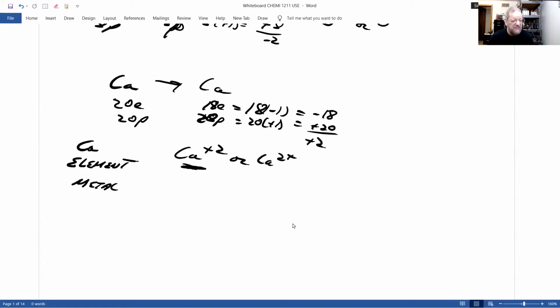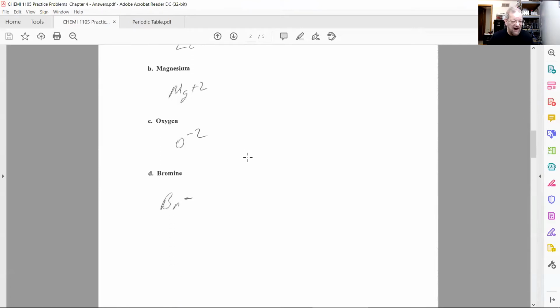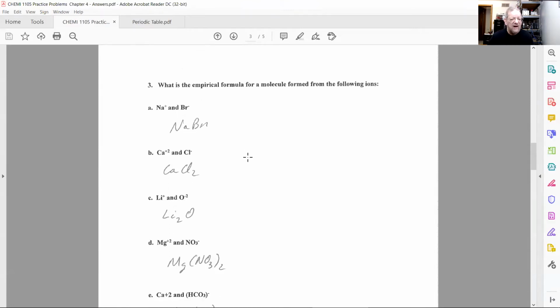All right. Let's move on. Now, the question is, what's the empirical formula for a molecule with the following ions? All molecules have a net zero charge.